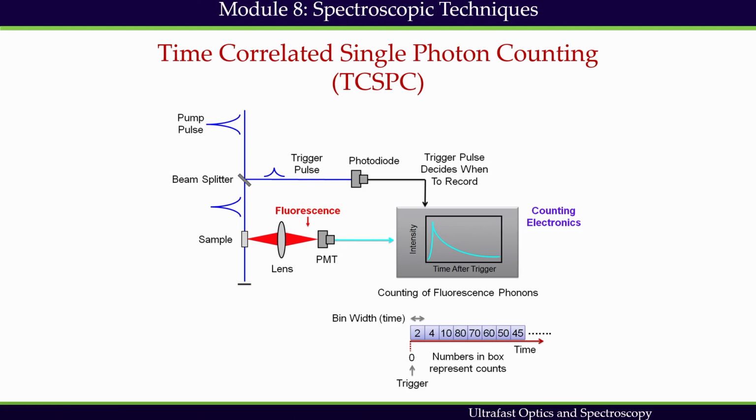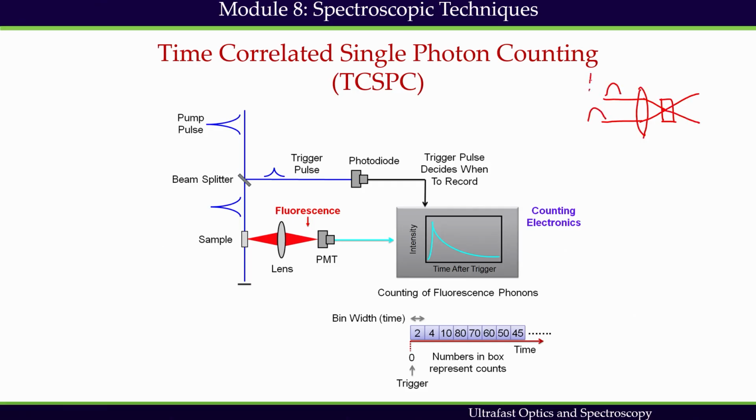So, as I have mentioned previously, the pump probe scheme is an all optical detection scheme, where I have two variable pulses interacting, this pulse and this pulse.